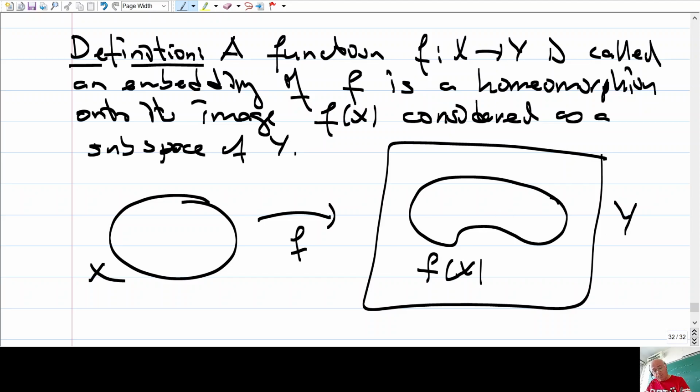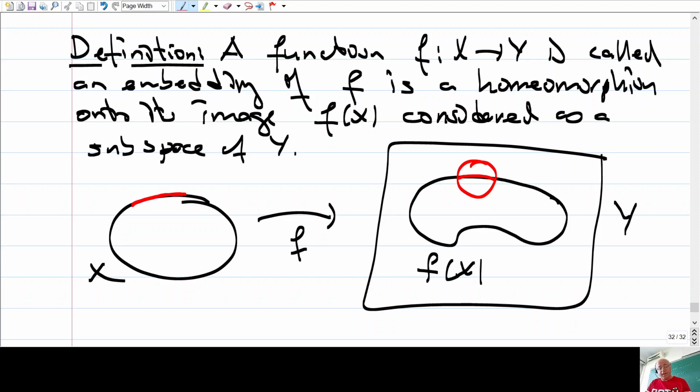They are the open subsets of Y intersected with f of X. So an open set here is something like this, and f from this set to this set is a homeomorphism. So for example, the inverse image of this open set is something like this.